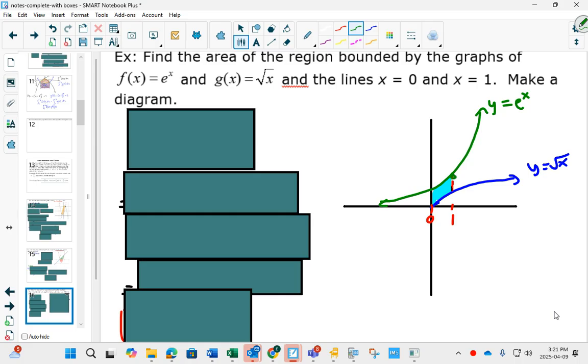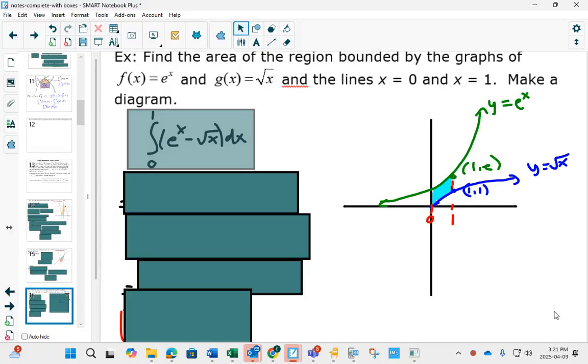You sort of imagine in your head, you're like, okay, I know this point is 1 comma e. I know this point is 1 comma 1. So I know my square root graph has to be below my e to the x graph. And we want to find that area, which is a really weird looking area.